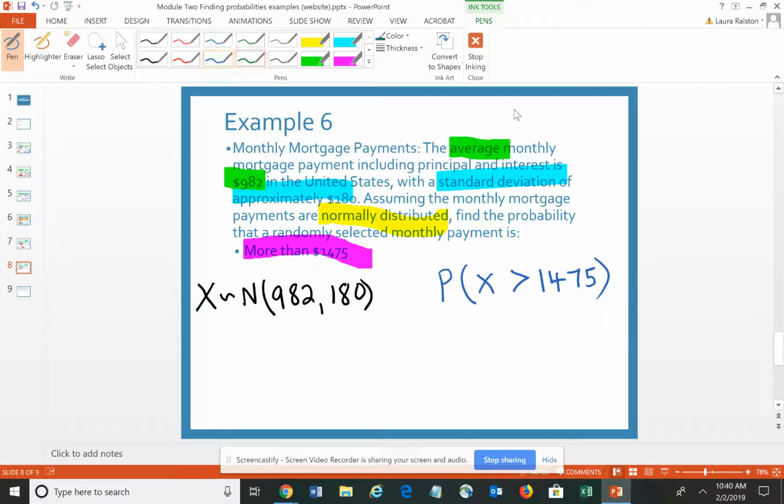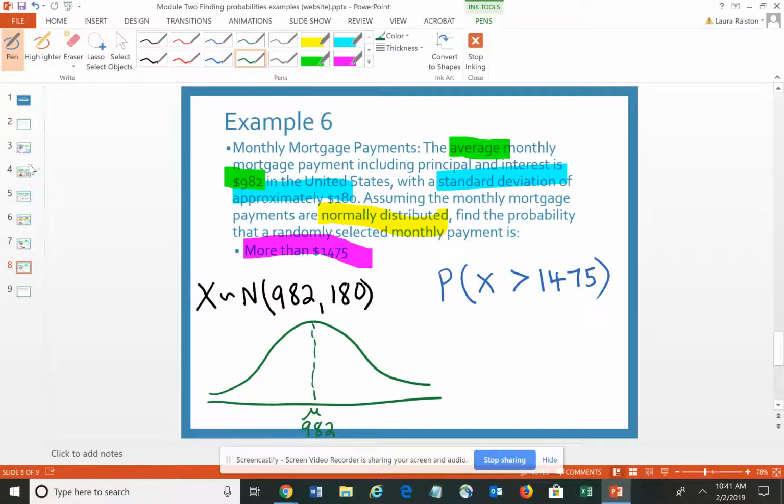So drawing my picture, horizontal number line, bell-shaped distribution, mean in the middle, which is 982. 1,475 would be above that.